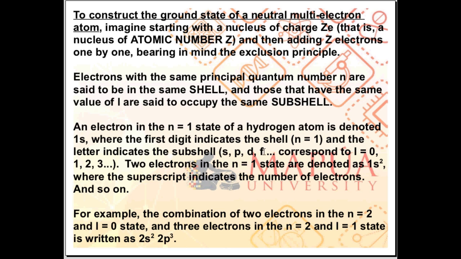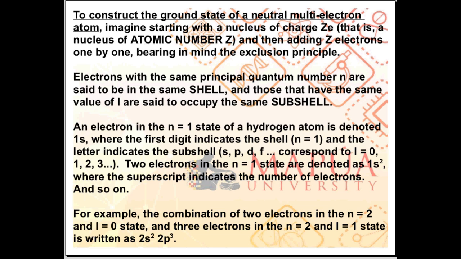Two electrons in the n equal to 1 state are denoted as 1s2, where the superscript indicates the number of electrons. So 1s is 1 electron in the shell, 1s2 is 2 electrons, and so on.